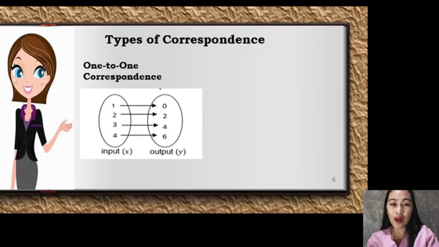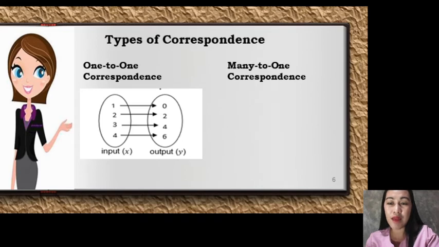In one-to-one correspondence, each element in the input is paired with a unique element in the output. This is an example of one-to-one correspondence: one element in the input is paired with one element in the output.